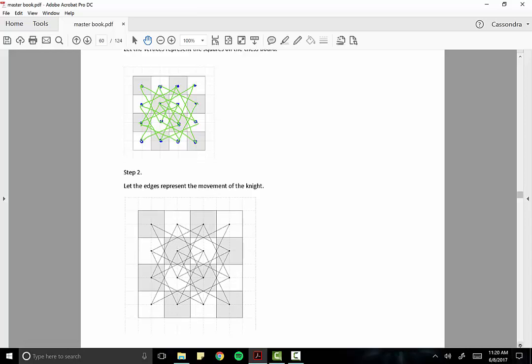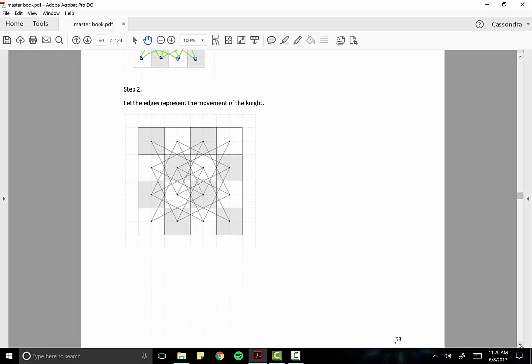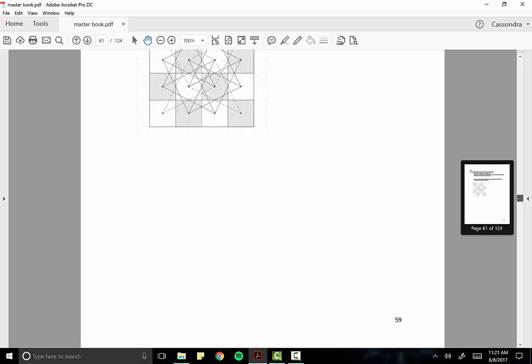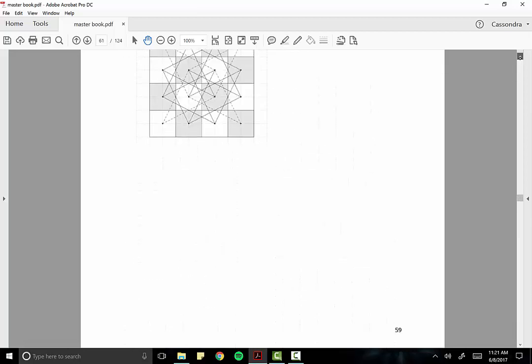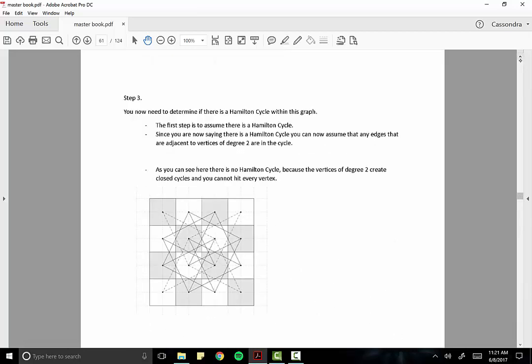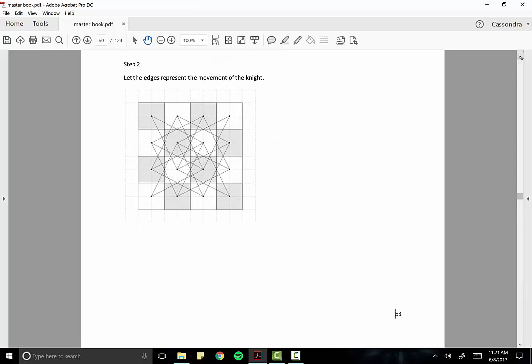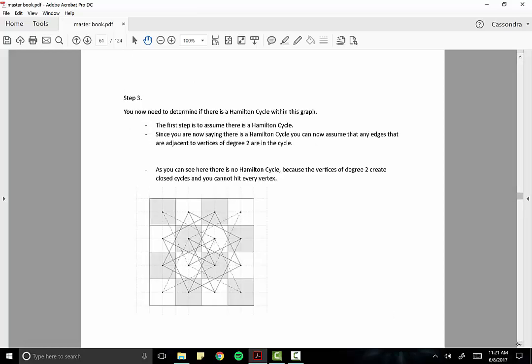So now, when we're looking to see if something has a Knight's Tour or not, the first step is to assume that there is a Hamilton cycle.